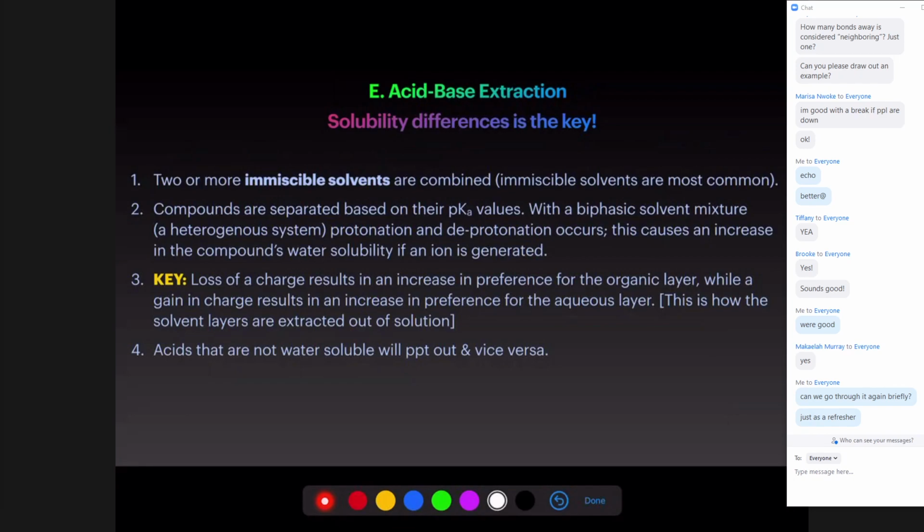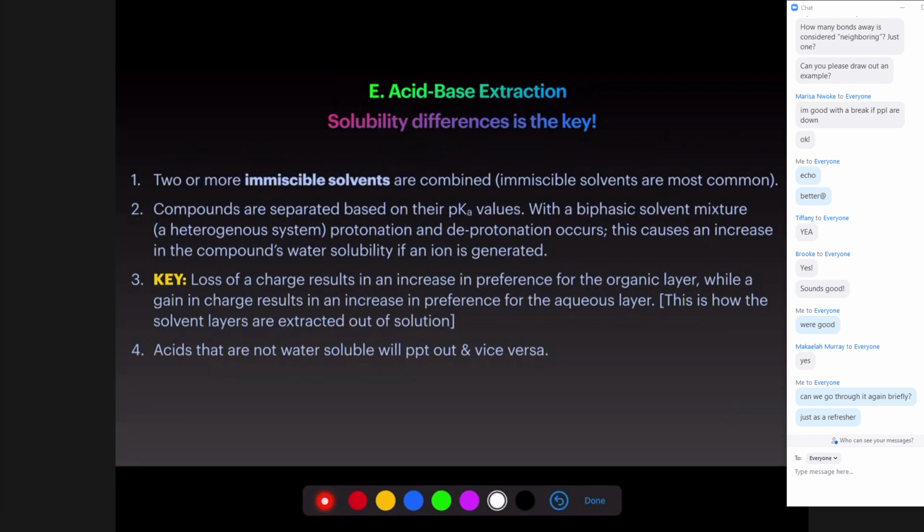All right. So I'll give an example of immiscible solvents. An example would be when you mix oil and water together. They don't come together completely to form a homogeneous solution. So immiscible means they don't completely mix together.